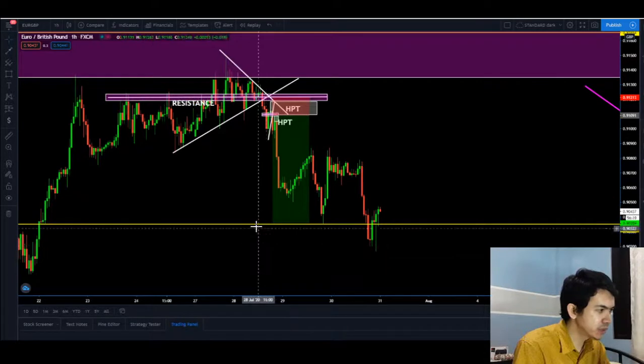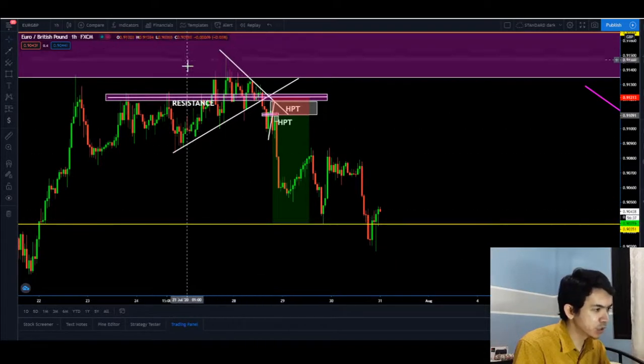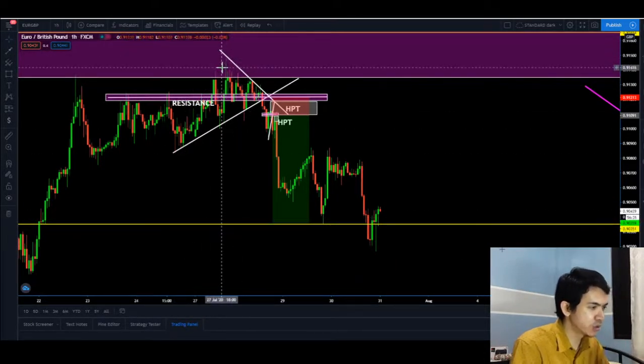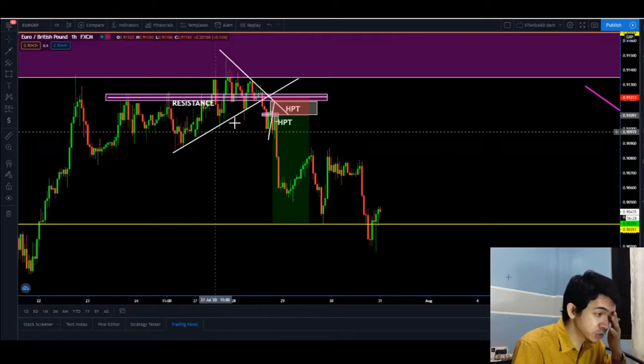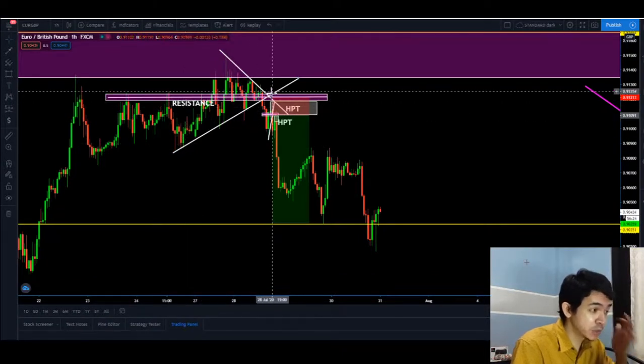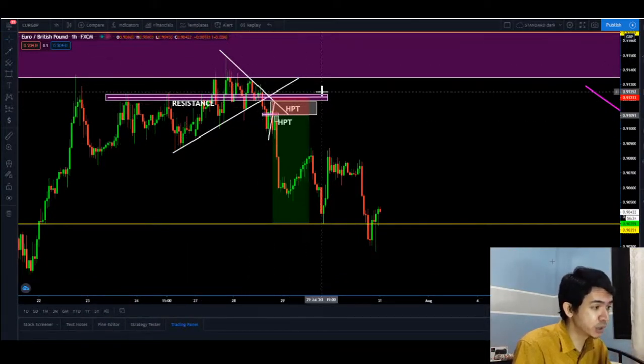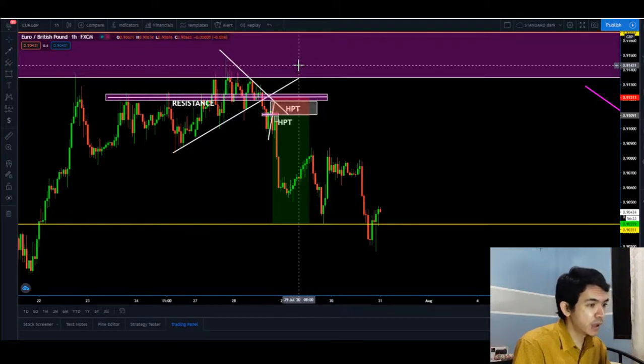However, I didn't take the trade right away when I knew that the price was heading to or already in an area of resistance. I know if this counter trend line doesn't break yet, there's a possibility the price would continue going up. So that is for me a big no.